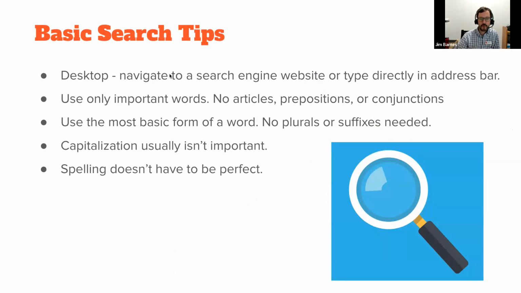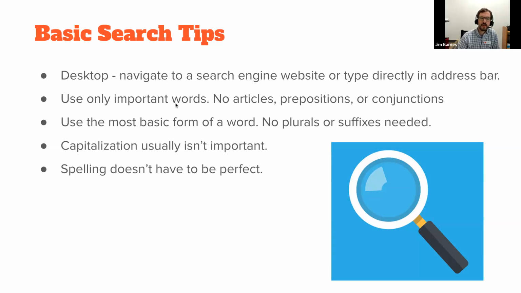Most of us probably know this, but we actually help a lot of people here at the library, and not everyone knows that. You can just type whatever you want right into the address bar at the top of the browser, and it's just as good as going to google.com.